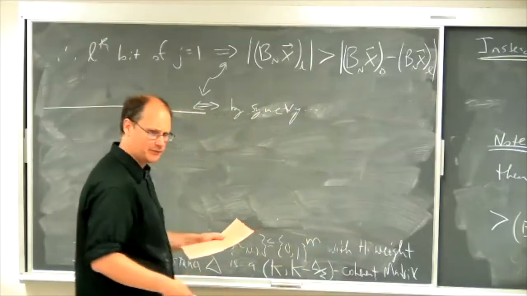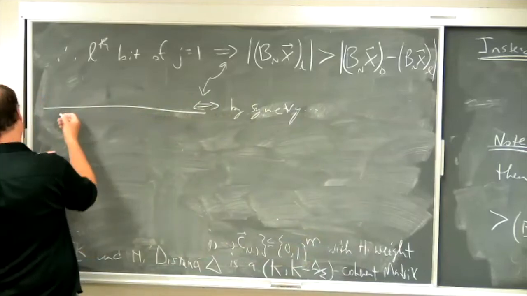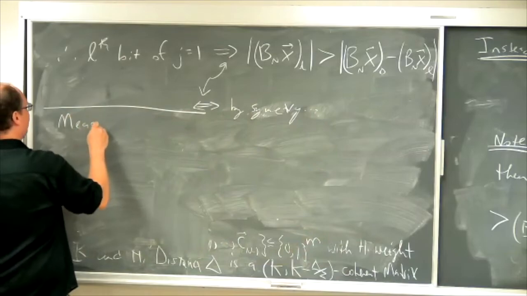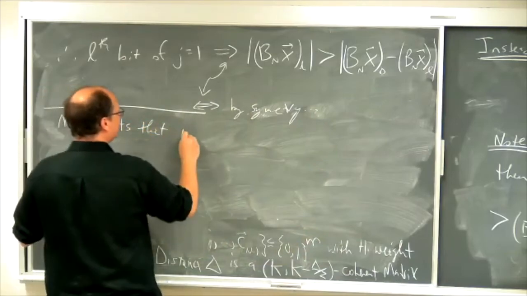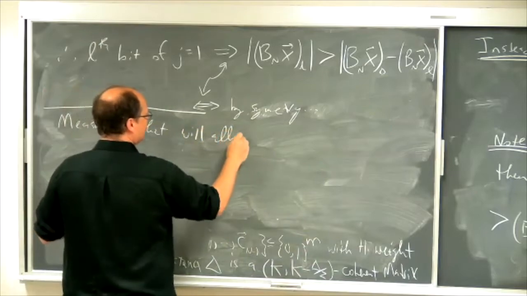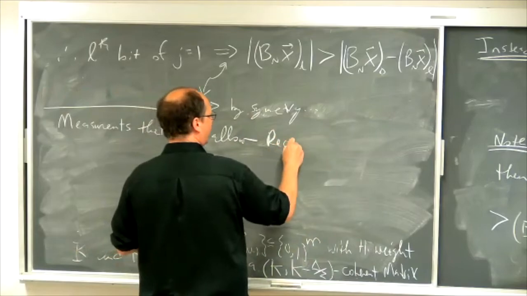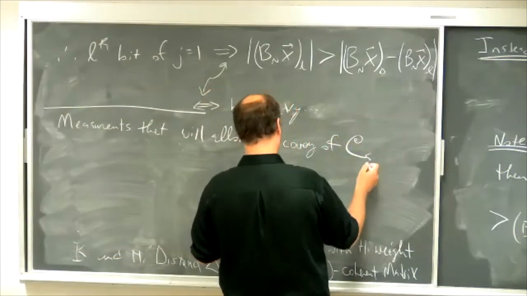They always end up looking something like this. So the measurements that will allow recovery of our heavy elements, CS beta.